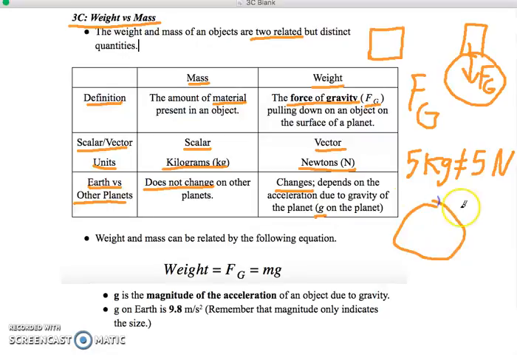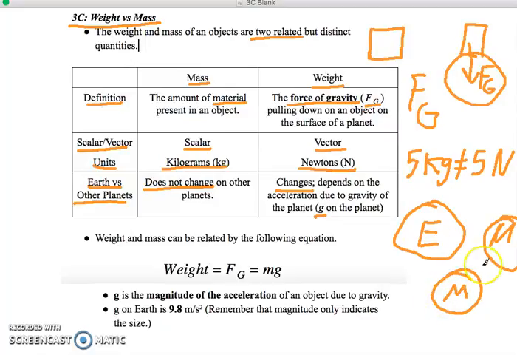So if you have the Earth, oddly shaped Earth, and you have the Moon, a smaller planet, their acceleration due to gravity are actually going to be different. So you're going to be accelerated differently on Earth than the Moon. And that's important. So your weight's actually going to change on different planets. Mass will not. Mass is always the same on any planet. You bring it anywhere in the universe, it will still be the same.